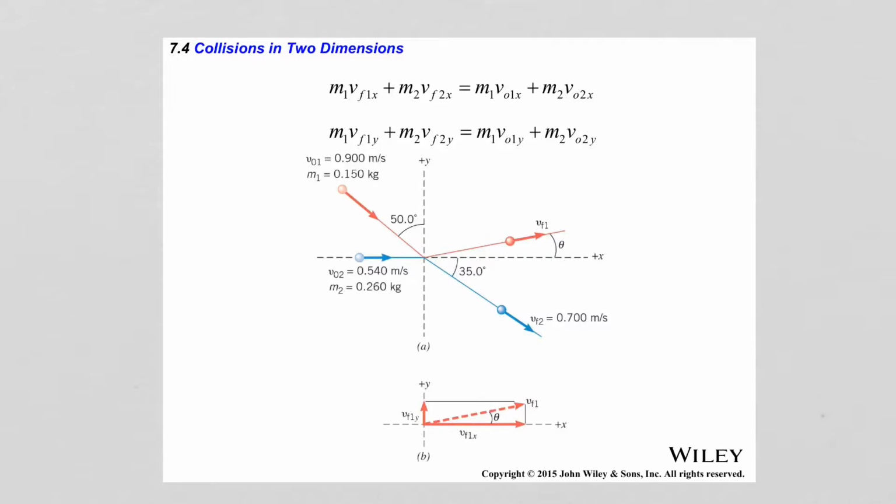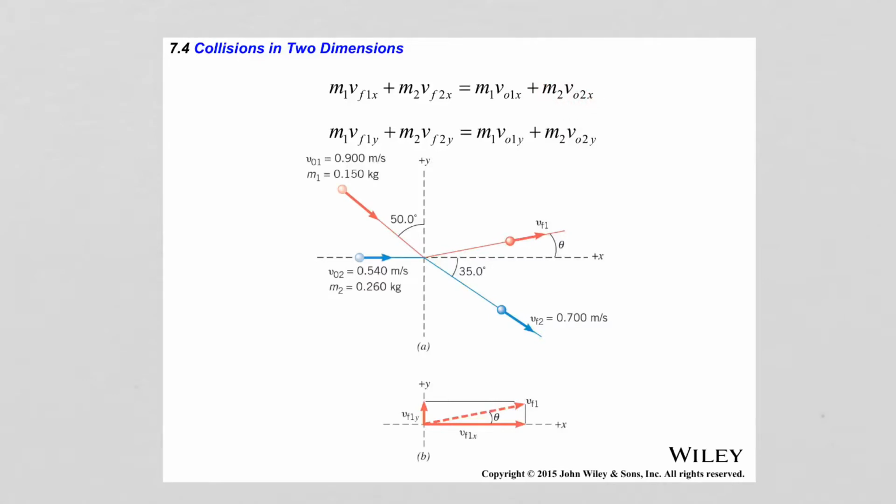So for the x coordinate direction, we have that the final momentum of the system of two spheres is equal to the initial momentum of the system of two spheres. So this is the final momentum in x direction of sphere number 1. This is the final momentum in x direction of sphere number 2. This here is the initial momentum in x direction of sphere number 1. And this here is the initial momentum in x direction of sphere number 2.